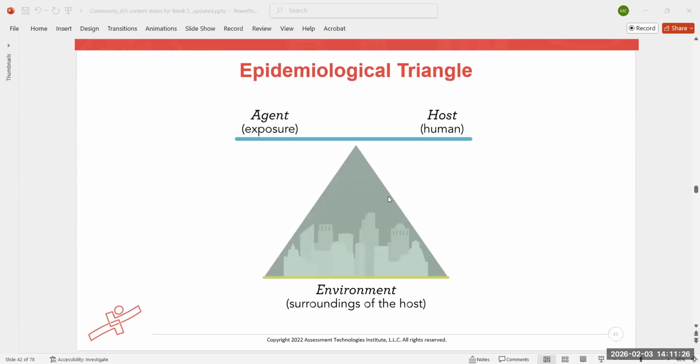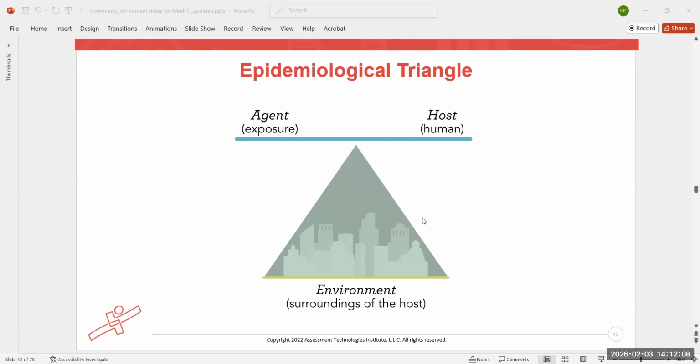So now let's talk about the epidemiological triangle a little bit. Epidemiology is important. It's used to look at trends of disease within areas. When thinking about communicable disease worldwide, millions of deaths a year are associated with communicable disease.